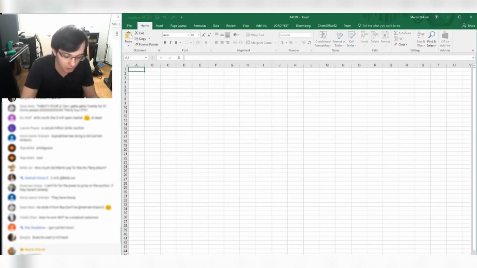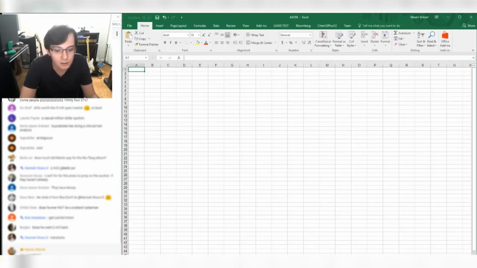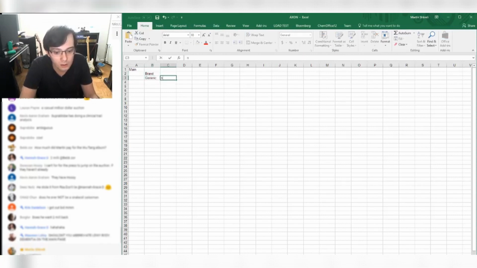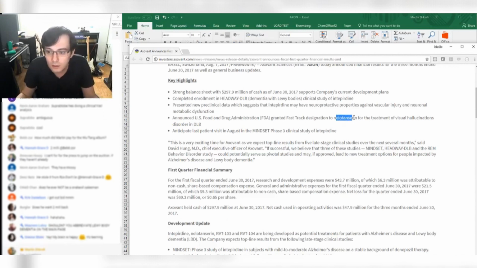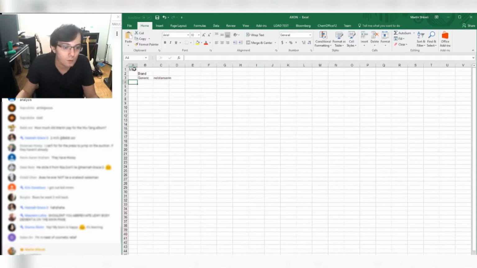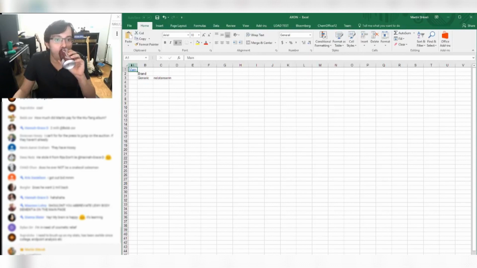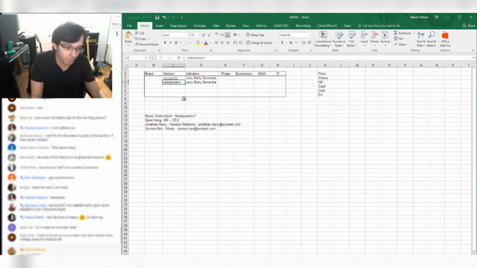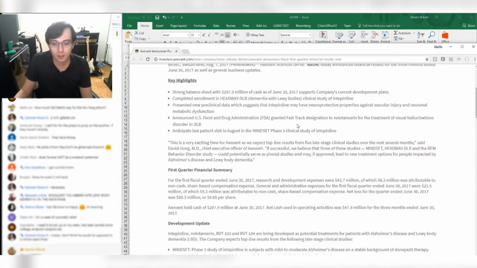I like Lewy body dementia, so I'm going to write it that way, but let's keep that in mind. All right, so this is nilotanserin, right? Brand name, generic name, nilotanserin, right? All right, great. So again, we'll make the links.